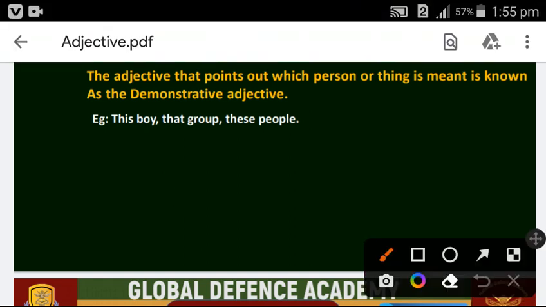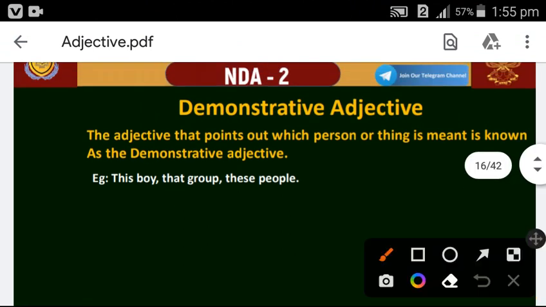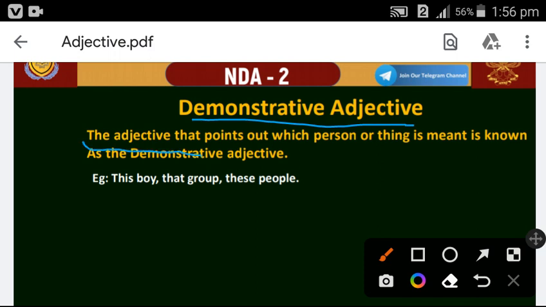This is also considered a type of adjective, not a different topic. A demonstrative adjective points out which person or thing is meant.